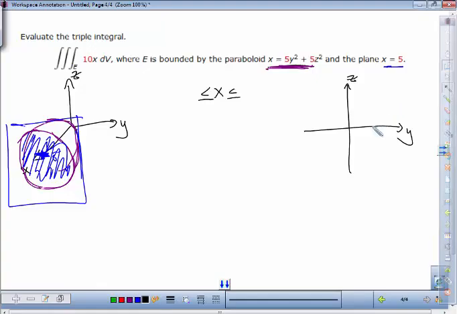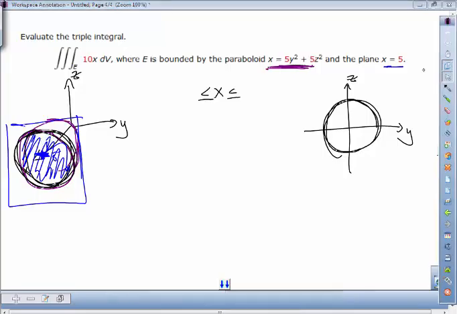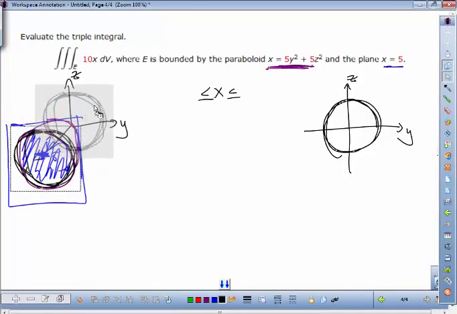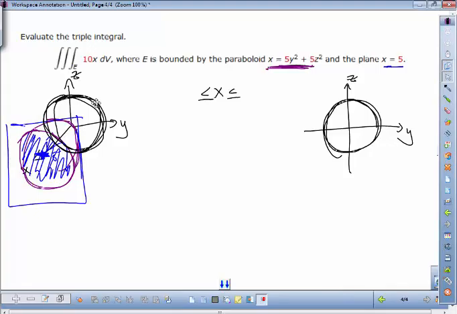It's going to be a circle. Okay? It's going to be a circle. Now the next task is to figure out, this is going to be a circle on the yz plane. It looks like it's basically this circle, except we're going to move it to the yz plane. Maybe I should have done this in red.